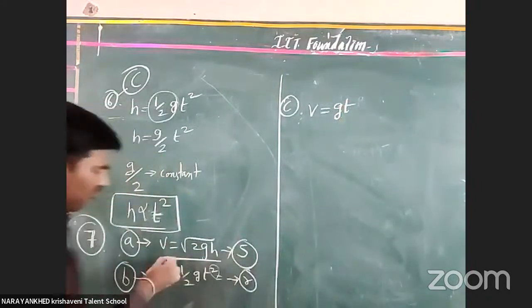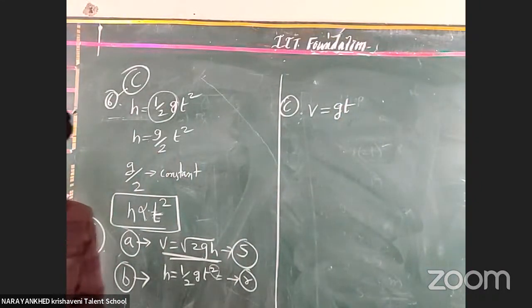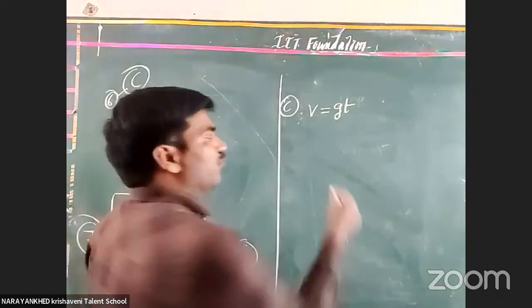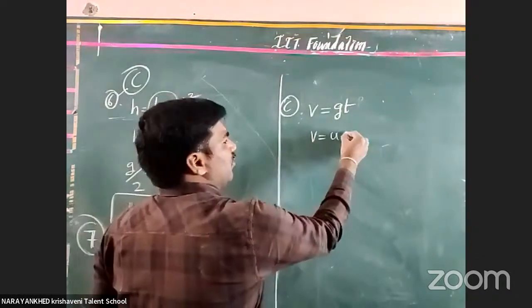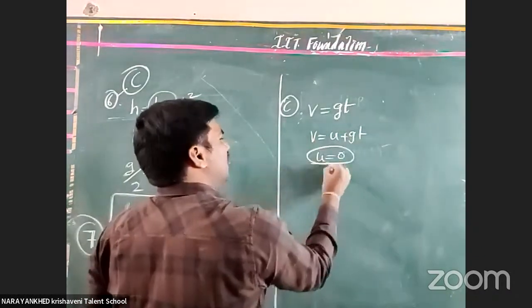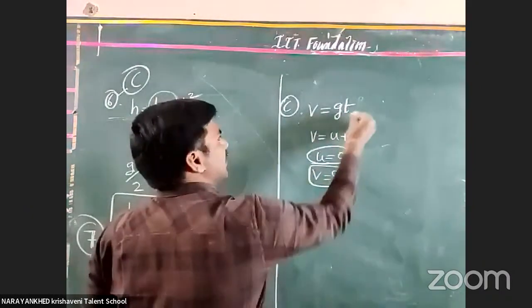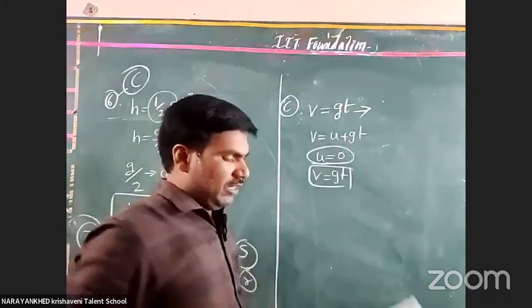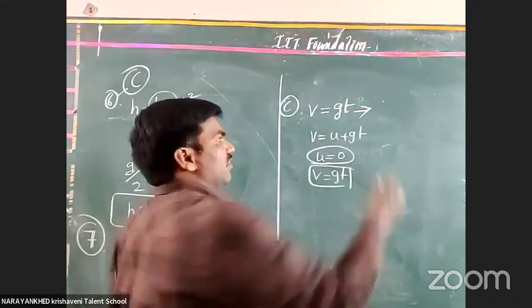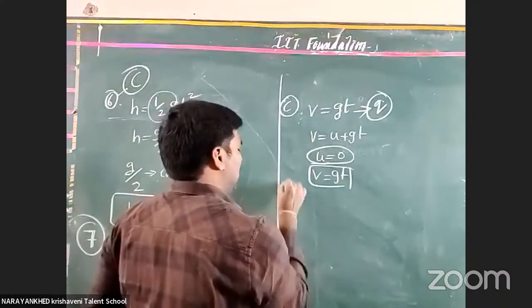When it reaches the ground, it will be taken as v equal to under root 2gh. But this velocity, where does it come from? v equal to u plus g t. Here the initial velocity is equal to 0, that is why v becomes g t. The answer is Q here. C matches with Q. And next D.